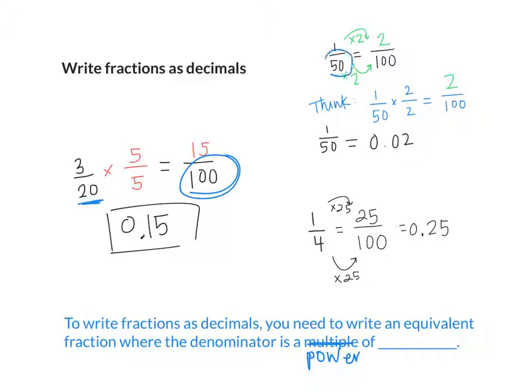Over here, our original denominator was 50, but we changed it to 100. Over here, our original denominator was 4, but we changed it to 100. So to write fractions as decimals, we always need an equivalent fraction where the denominator is a power of 10, because if we think about the place values, tenths, hundredths, thousandths, those are all powers of 10.